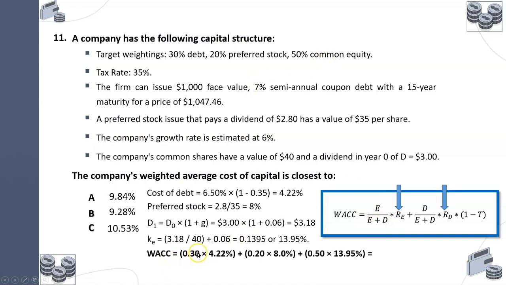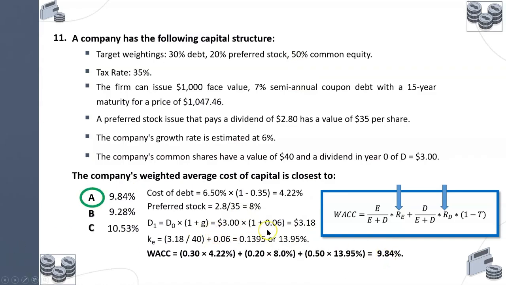Weighted average cost of capital is 30% times 4.22, 20% preferred times 8%, and 50% times the equity. This will give us a figure of 9.84, and A is the right answer.